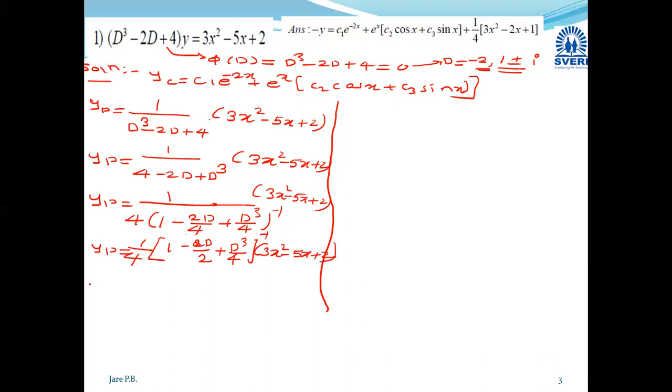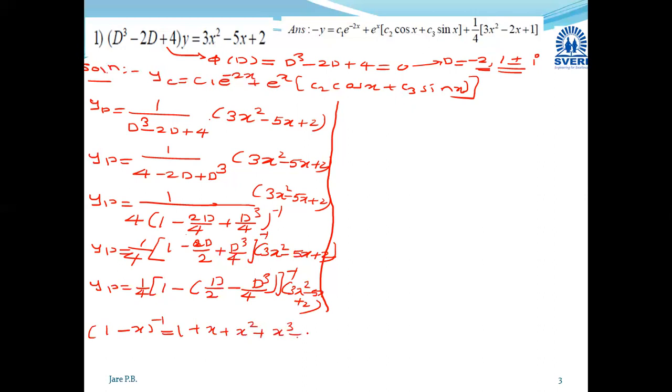So yp equal to 1 by 4 into (1 minus (D by 2 minus D cube by 4)) whole raised to minus 1 into 3x square minus 5x plus 2. Now we know the formula. What formula do we use? (1 minus x) raised to minus 1 equals 1 plus x plus x square plus x cube and so on. Using this formula, what is the x?